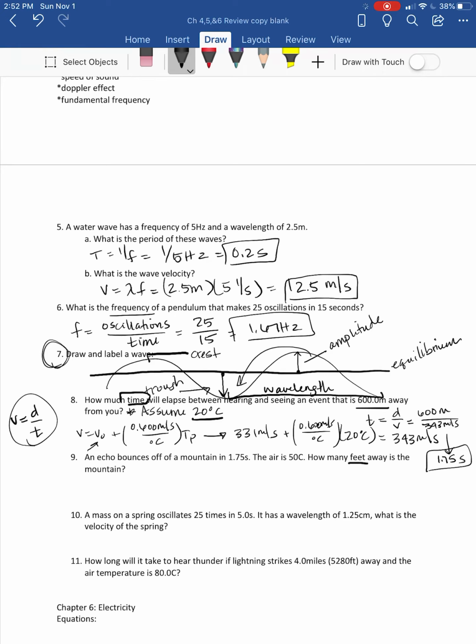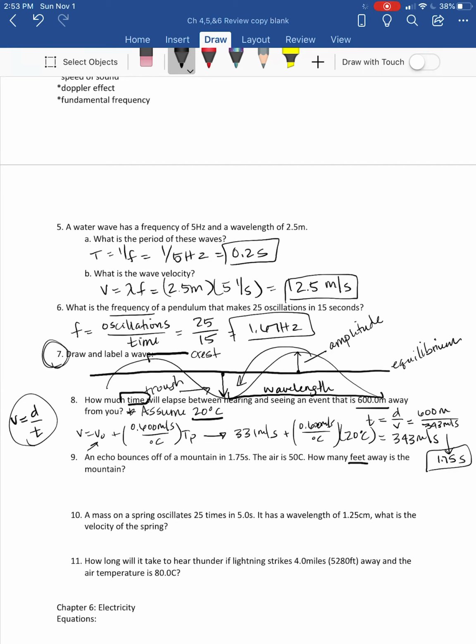If you want to pause the video really quick and go to your textbook and look at data table 5.1, it will show you what I'm talking about as far as the velocities in meters per second or feet per second. In this one, we're going to do the feet per second one.